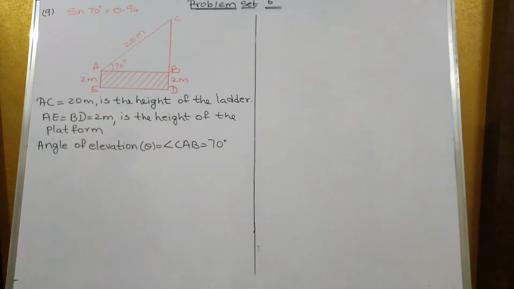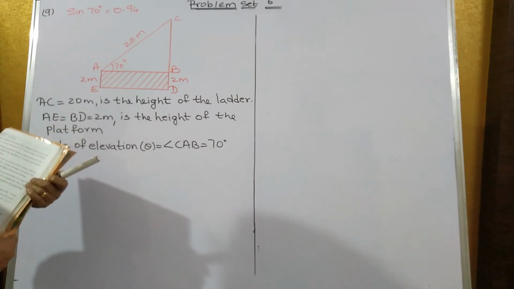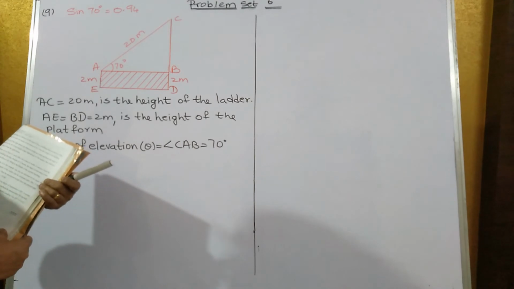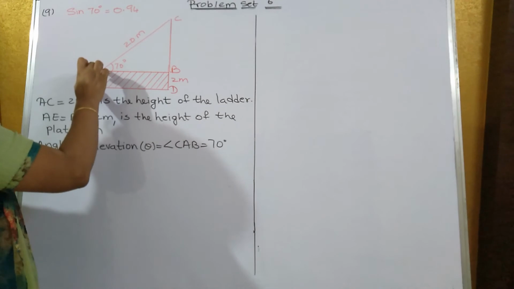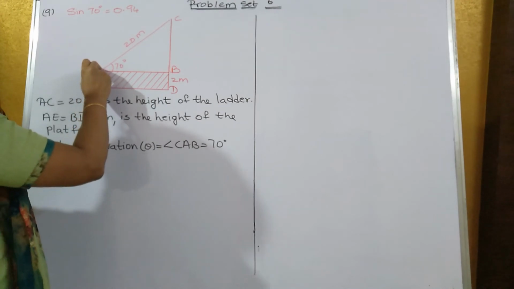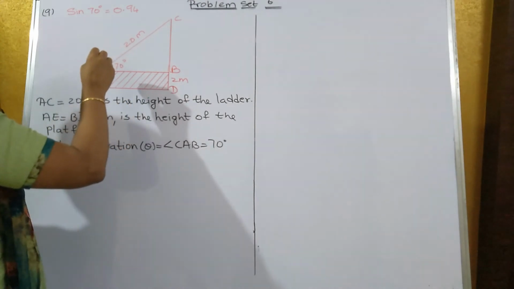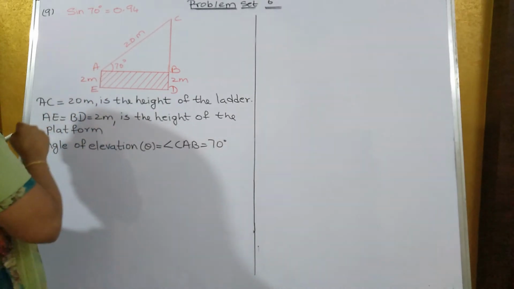Now sum number 9, they have given that a ladder on the platform of a fire brigade van can be elevated at an angle of 70 degrees to the maximum. So there is a platform on the fire brigade. On top of the platform there is a ladder which can be elevated at an angle of 70 degrees at the maximum.